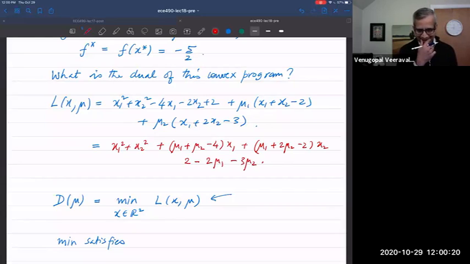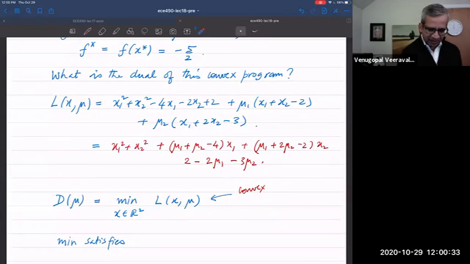Right? And we know that this Lagrangian is convex. Why is it convex? You can look at the Hessian if you want, but the Hessian is the identity matrix. It doesn't matter what's sitting here. That's literally determined by the second order terms. The Hessian is an identity matrix, so this is a strictly convex function.